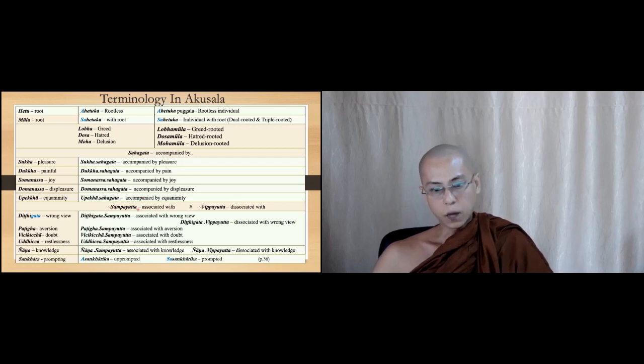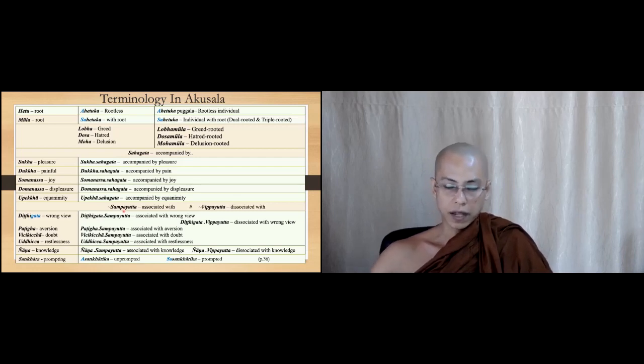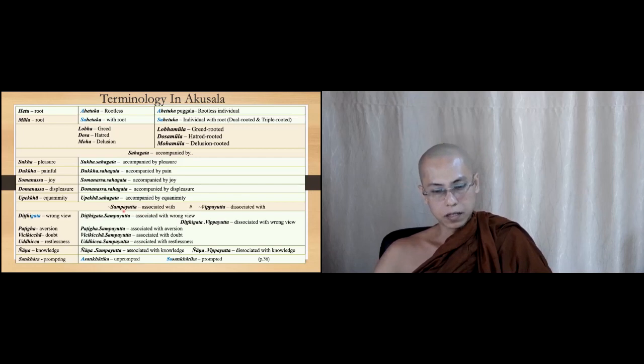Then another keyword for the akusala classification, which also applies to the beautiful types of consciousness, is sampayutta and vippayutta. Sampayutta is associated with, vippayutta is dissociated from.